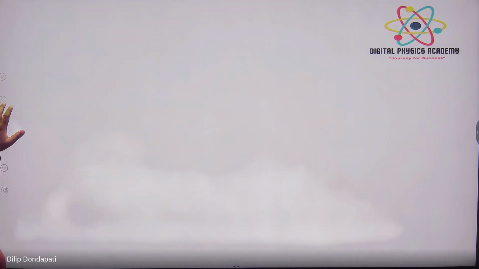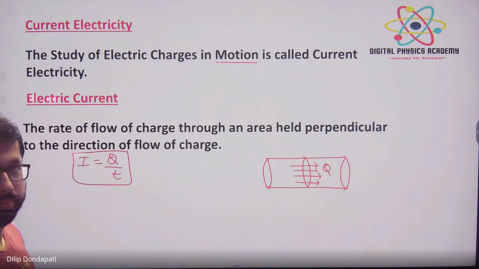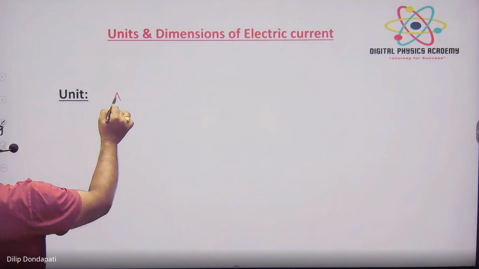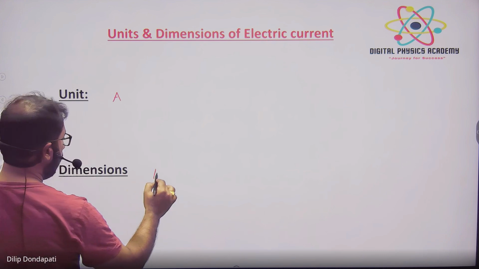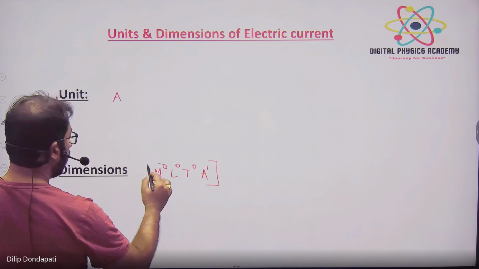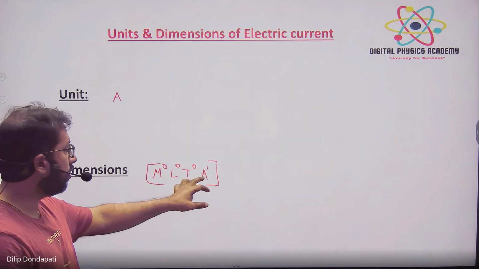Write it properly and fast. The unit is ampere and the dimension is M0 L0 T0 A power 1, because one of the 7 fundamental quantities is ampere.